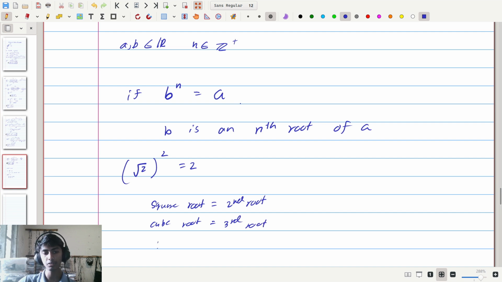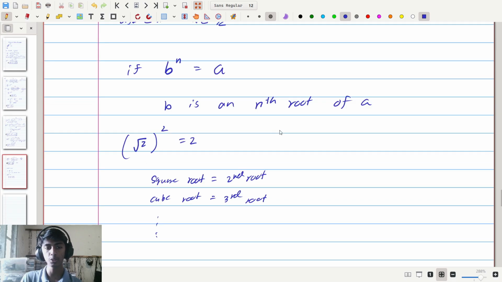Other than that, the rest of them are usually referred to by their numbers. For example, 4th root, 5th root, 6th root, and so on. We don't say quartic root or quintic root or hexic root or that kind of thing. Usually, for powers higher than second power and third power, we say the nth root, like 4th root or 5th root.